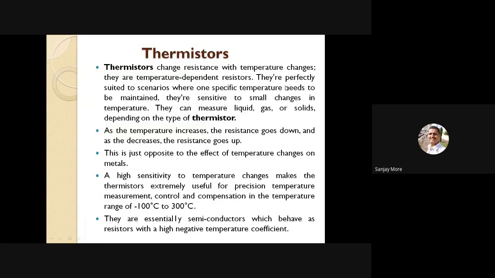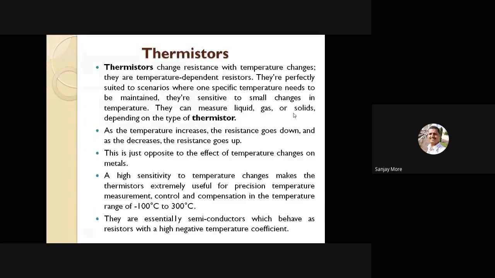They are perfectly suited to scenarios where one specific temperature needs to be maintained. They are sensitive to small changes in temperature. They can measure liquid, gas, or solids depending on the type of thermistor.